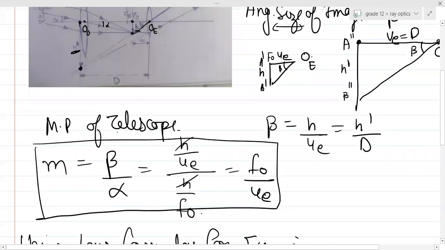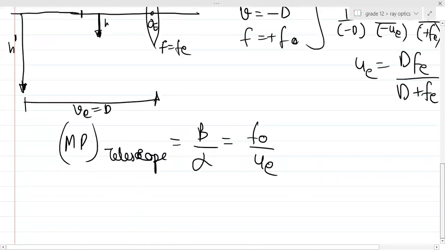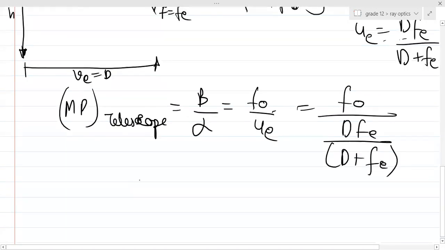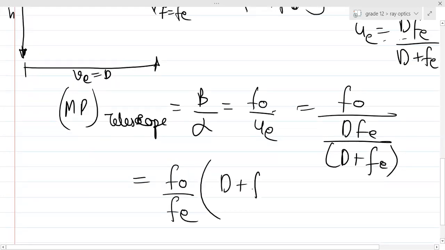This was the magnifying power of the complete telescope, FO upon UE. So from here, this UE, I'll place it over here. So FO divided by DFE upon D plus FE. So I can write it as FO upon FE into D plus FE upon D. So can you see D will cancel out.